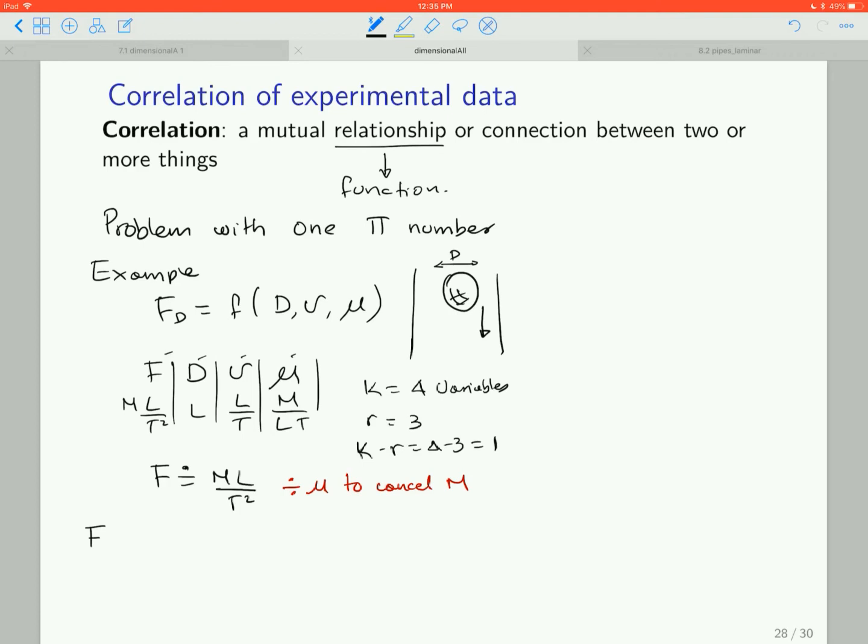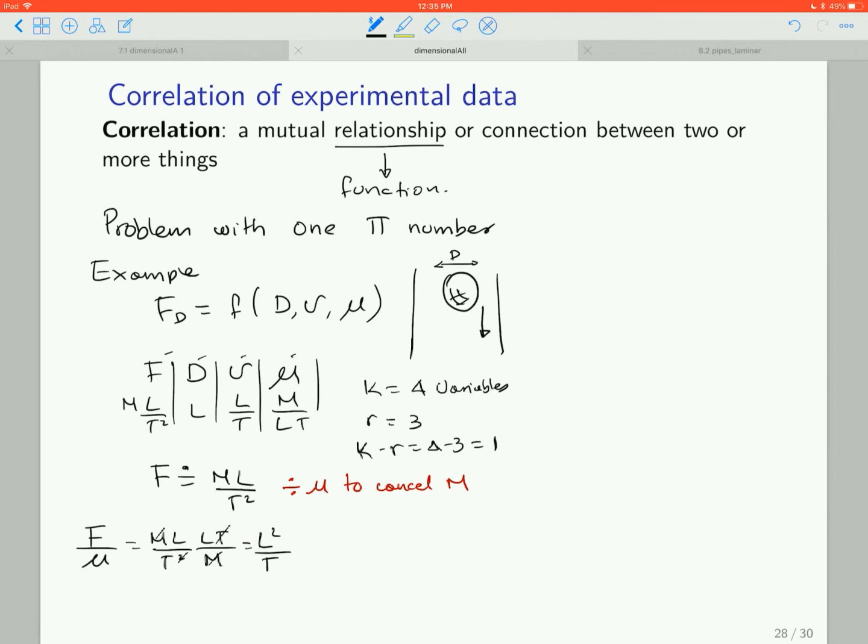So we have F divided by mu, which is M L over t squared divided by M over L t. So mass is cancelled, t squared is going to be cancelled with this t, and we have L squared. So the dimensions are L squared over t.